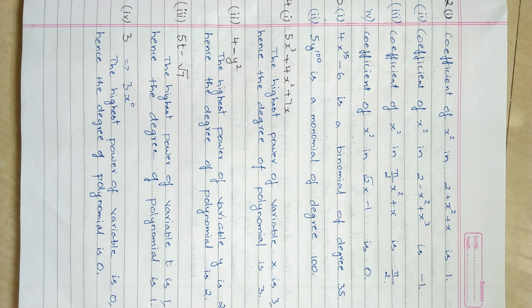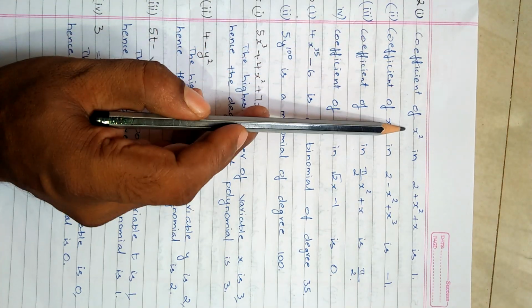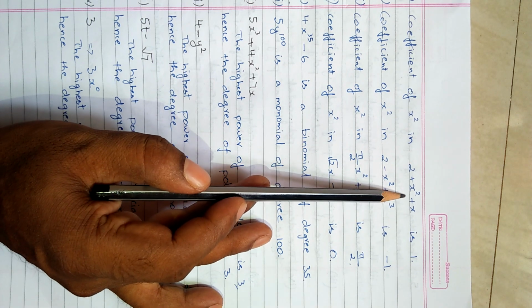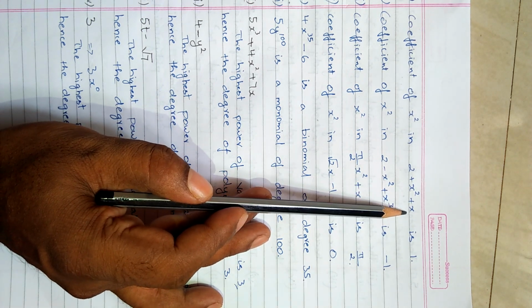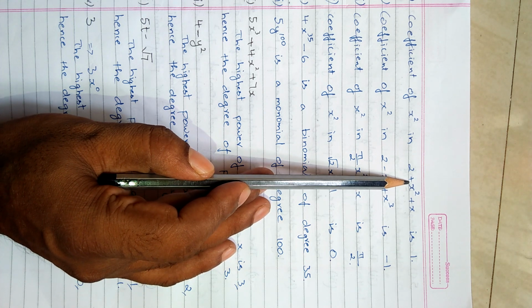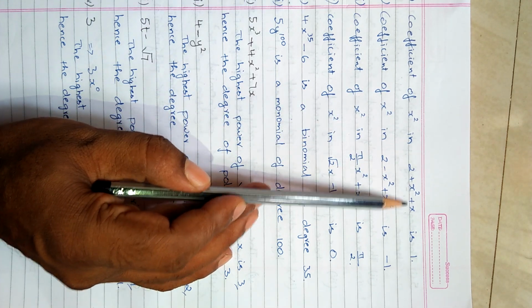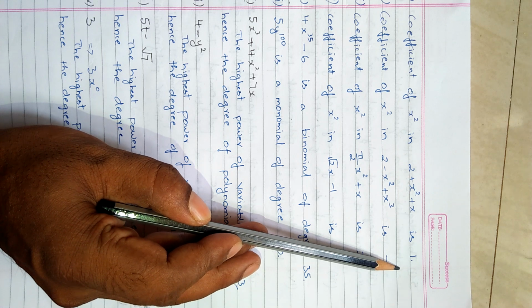Second one, write the coefficient of x squared in each of the following. So when we go for the first one, coefficient of x squared in 2 plus x squared plus x. What is the coefficient in front of x squared here? It is 1. Nothing is there means it is understood, it is 1. Therefore coefficient of x squared in 2 plus x squared plus x is 1.